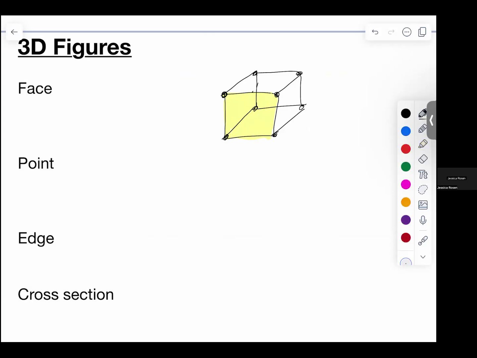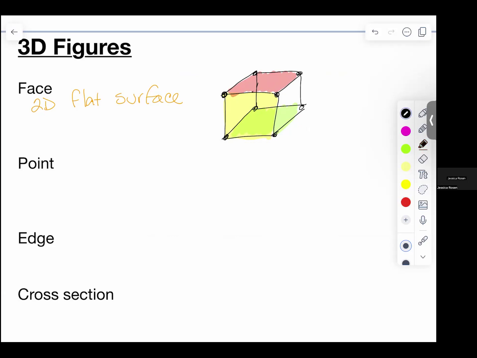So the face is going to be the 2D flat surface of the shape. So I could have that yellow piece there in the front. I could have the lime green down here on the bottom, or maybe the top is up here. That's the plane or the face, right? So plane and face, it's called a face when it's on a three-dimensional figure, but essentially it's a flat surface, which is also a plane.